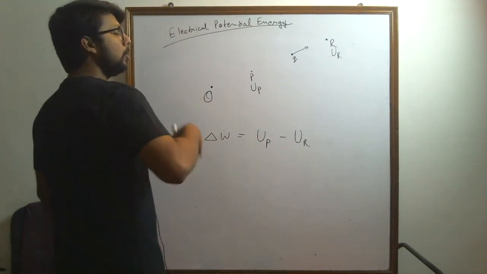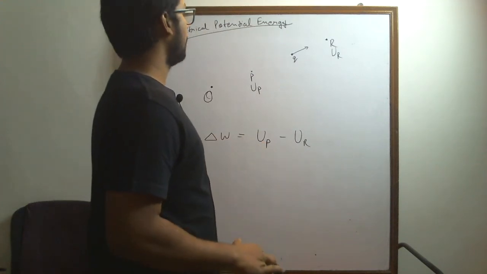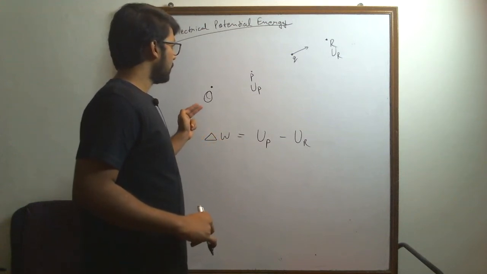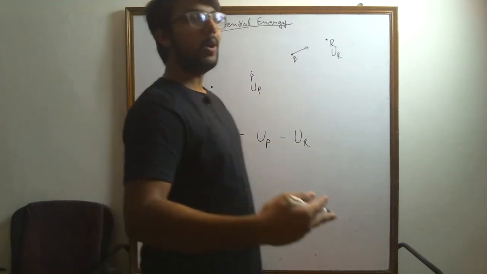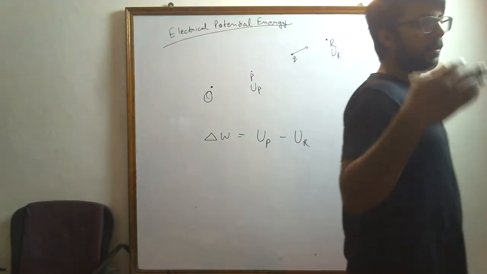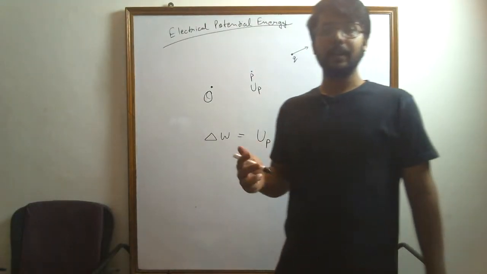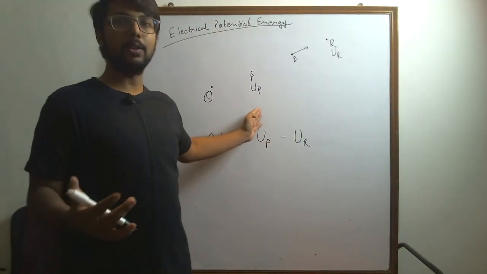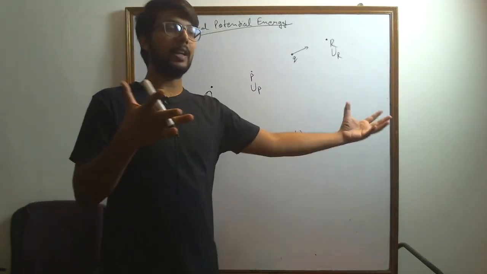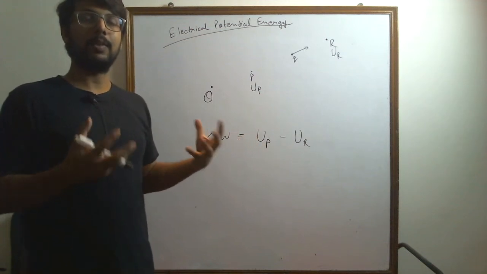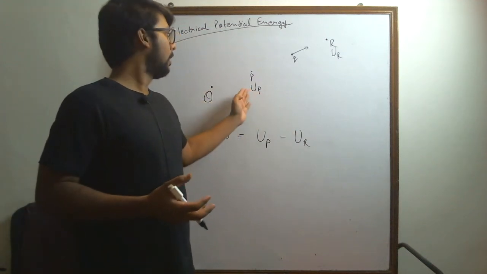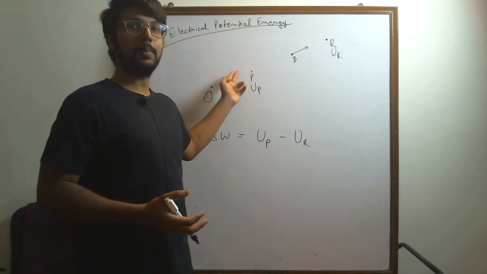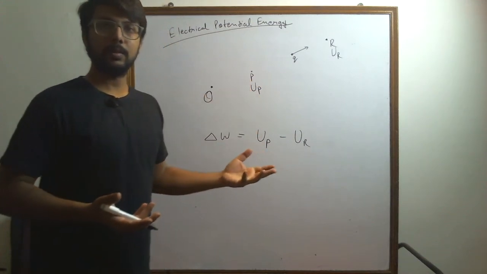Now when we are talking about a test charge, another important thing over here is that potential energy only works when we are talking about a difference. Why? Because potential energy at P does not matter to me if I do not have any comparison, right? If I can't compare it with anything, then if UP is the potential energy at point P, what do I do with it?